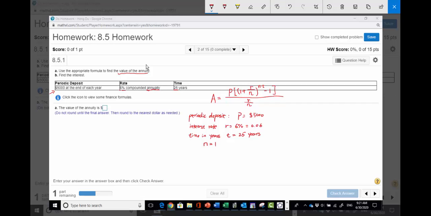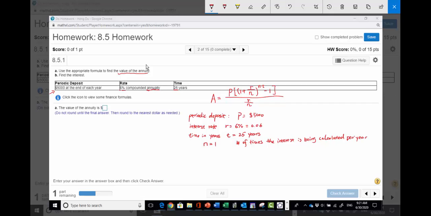Basically, the meaning of N is the number of times the interest is being calculated per year. So if it says compounded annually, that means the interest is going to be calculated and paid once per year.